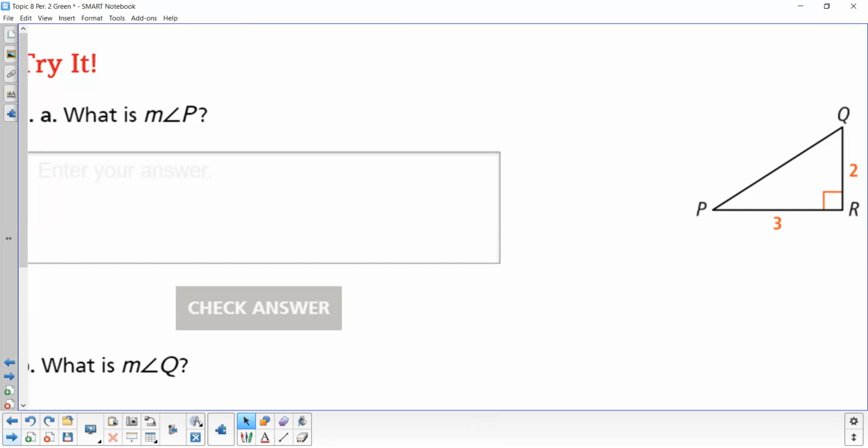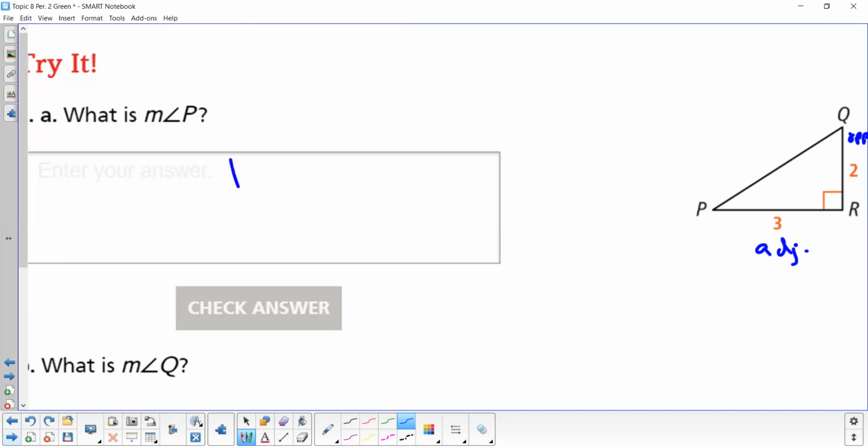Okay, so Q. I'm gonna solve for angle P. If I'm at P in the triangle, 3 is the adjacent side, 2 is the opposite. And opposite and adjacent tells me to use sine, cosine, or tangent. Tangent, yeah.